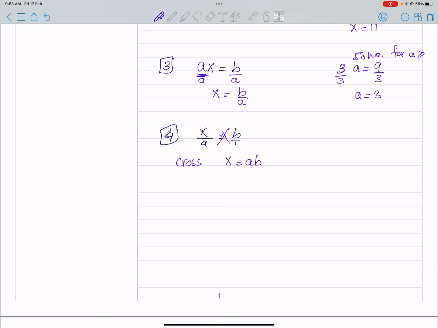If you have, for example, 3 over A is equal to 8. So by cross multiplication, this is over 1, we say that 3 is equal to 8A. Divided by 8, divided by 8, we get that A is equal to 3 over 8.